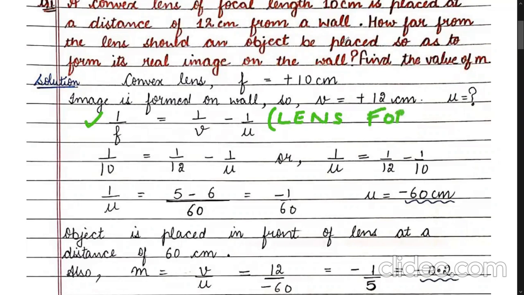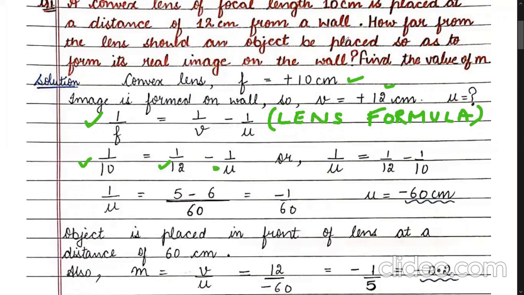This is your lens formula. Now, let us substitute the values of focal length and distance of the image from the lens, that is v. So 1 by 10 is equal to 1 by 12 minus 1 by u.